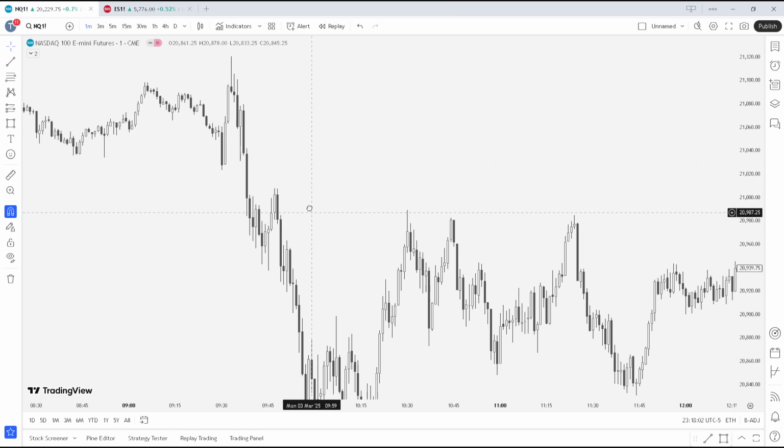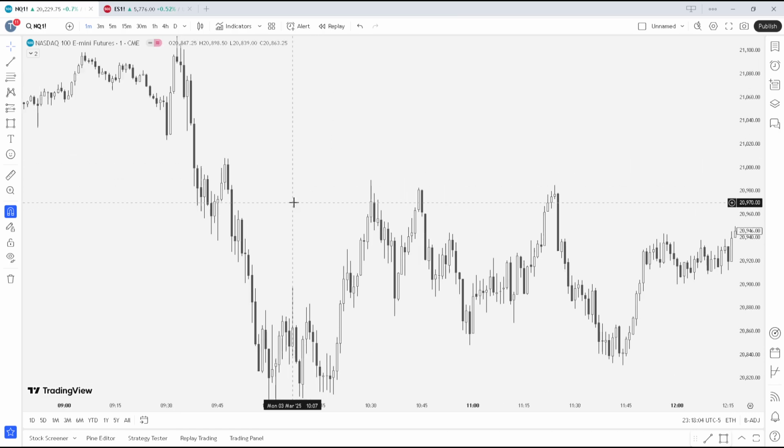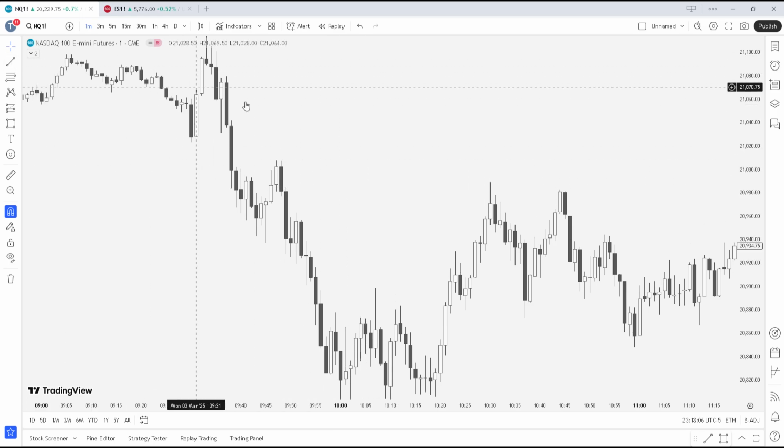So let's find a good example for a short entry. And let's see. So this would be a bearish breaker right here. This one, it's not so much of a liquidity sweep. So let's see. We have a fair value gap here.